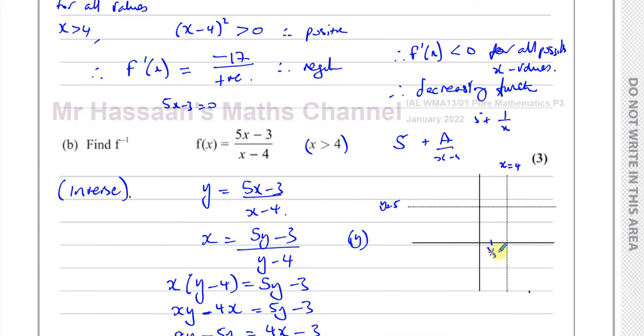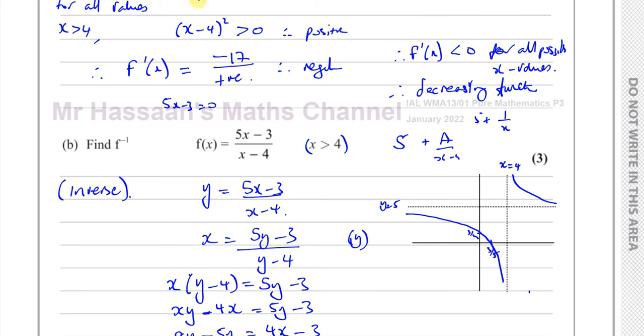And when x is 0, it crosses the y-axis: y equals minus 3 over minus 4, which is 3/4. So it crosses the y-axis at 3/4. We can see that it must pass through these points, and therefore it's up here. That also matches what I mentioned before, that it always has a negative gradient.